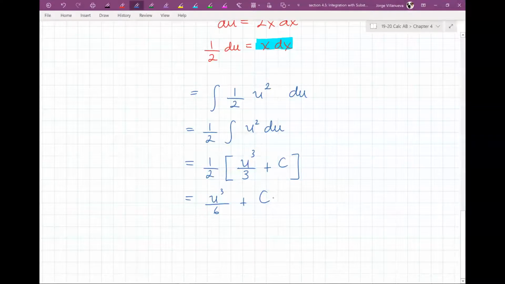So whether you multiply, add, subtract, or divide the c value, it just stays as c. Now u, according to our definition, is x squared plus 1. So let's write it down. That's (x squared plus 1) cubed over 6 plus c. And that's my answer for this problem.